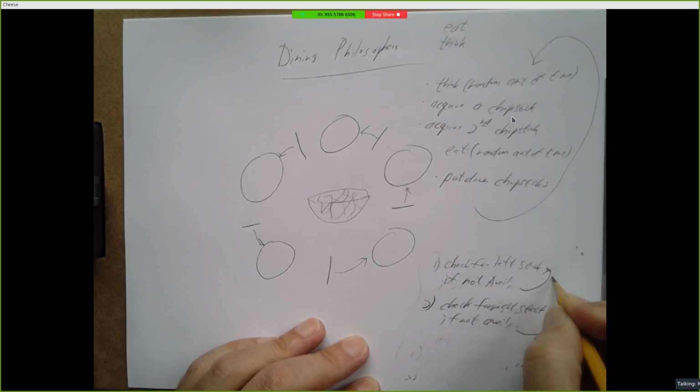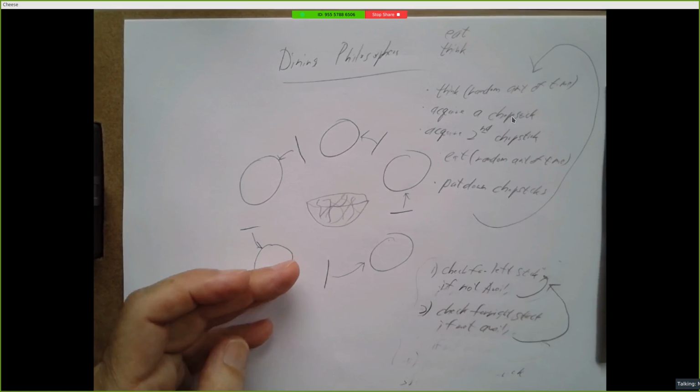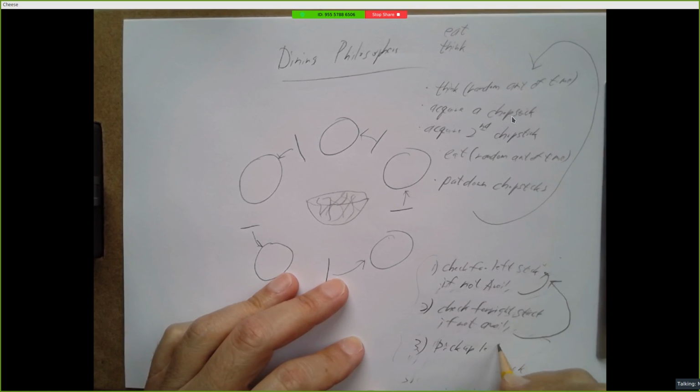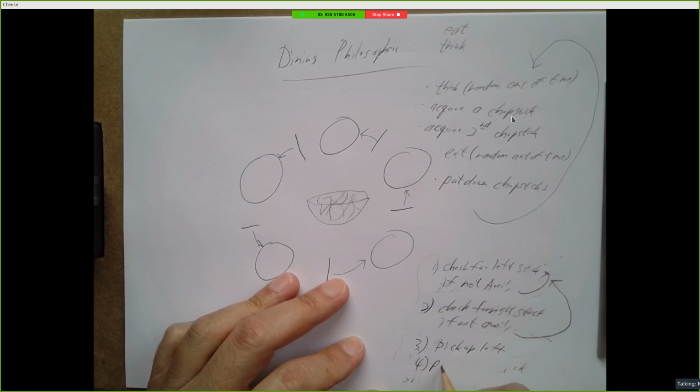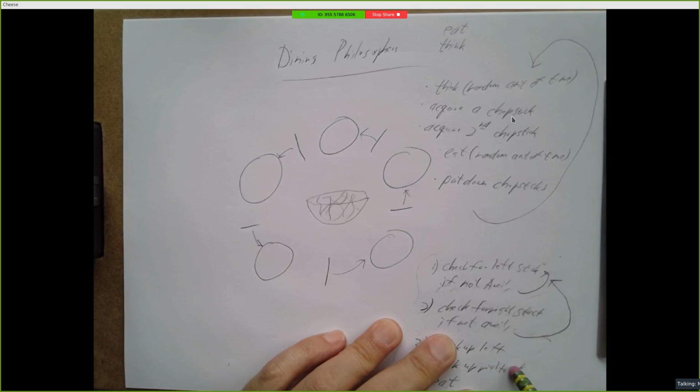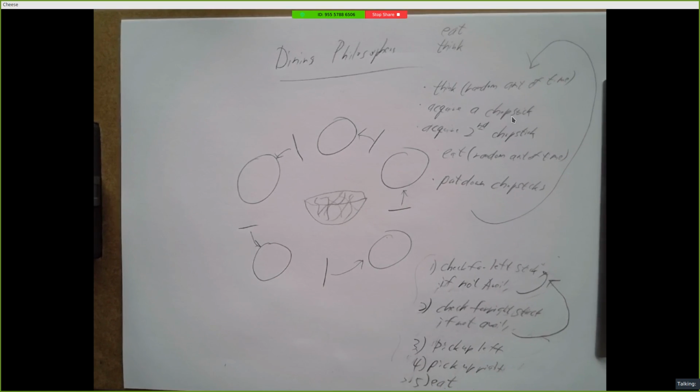If not available, I'm going to go all the way back to the beginning. Otherwise, pick up left, pick up the right, and eat. So now we're not going to pick up the sticks unless we know both of them are available.